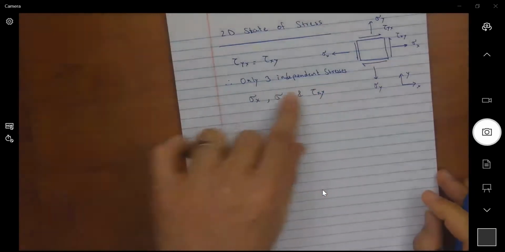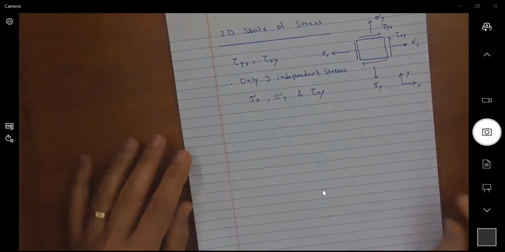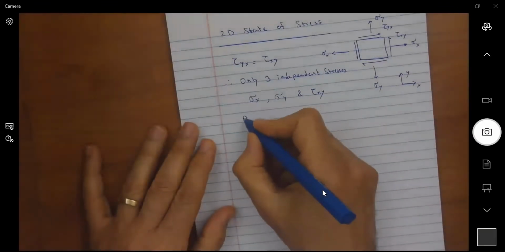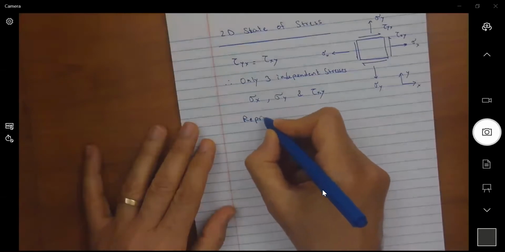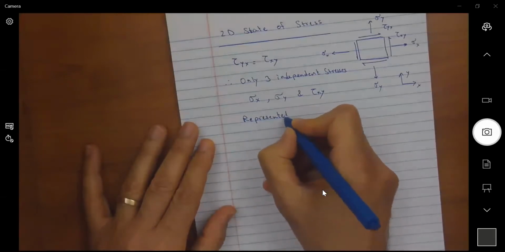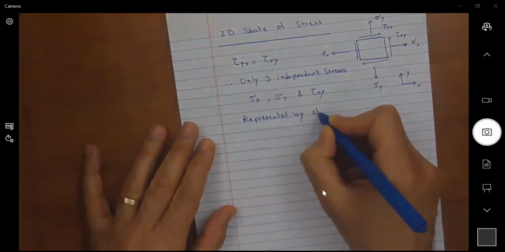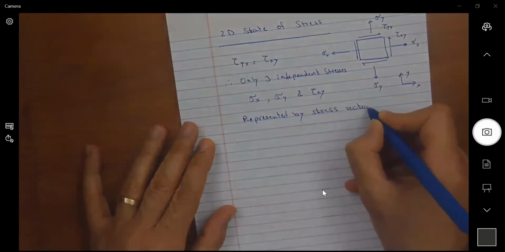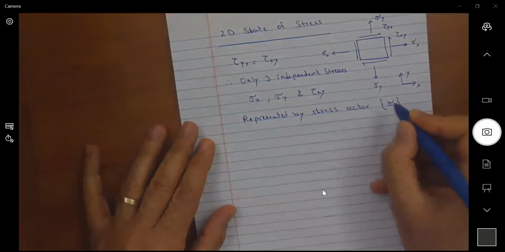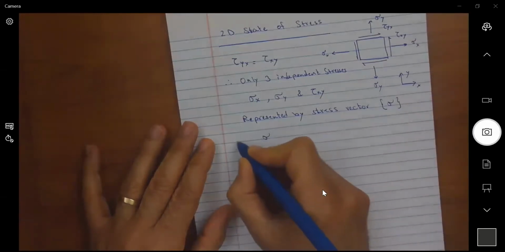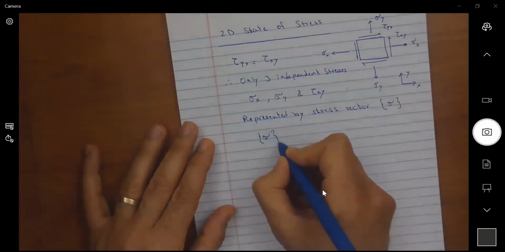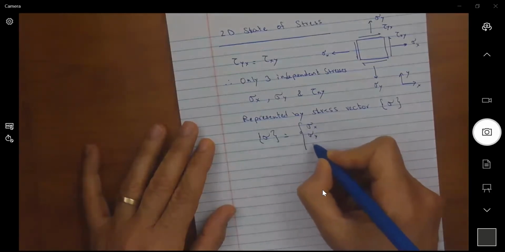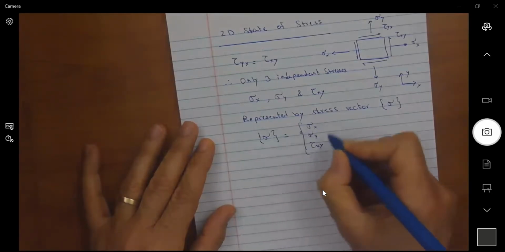These independent stresses may be represented by a stress vector sigma, where sigma is equal to sigma X, sigma Y, and tau XY.